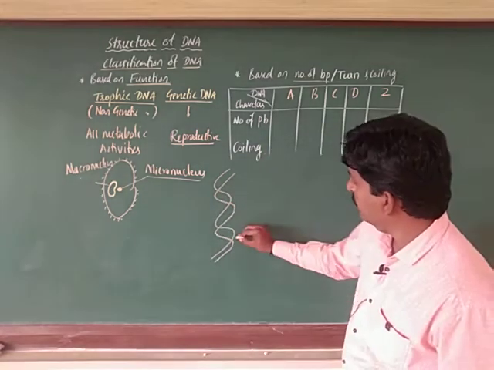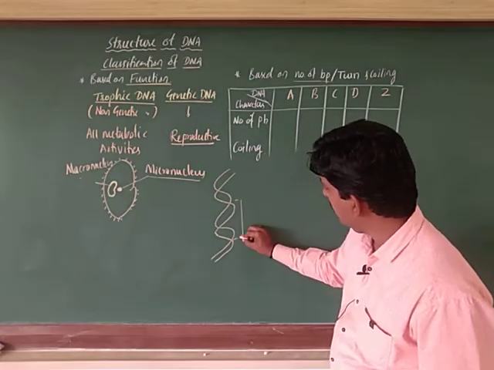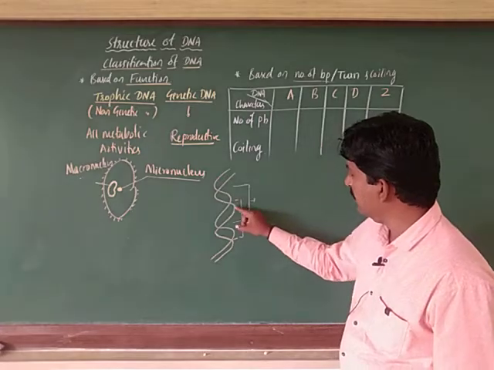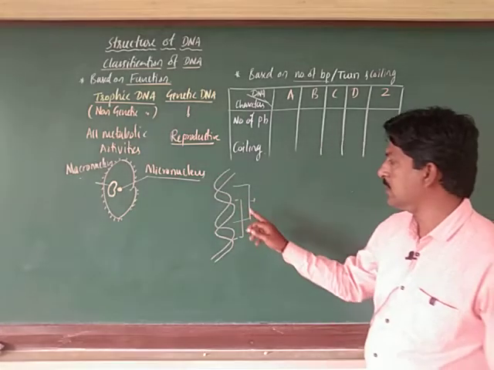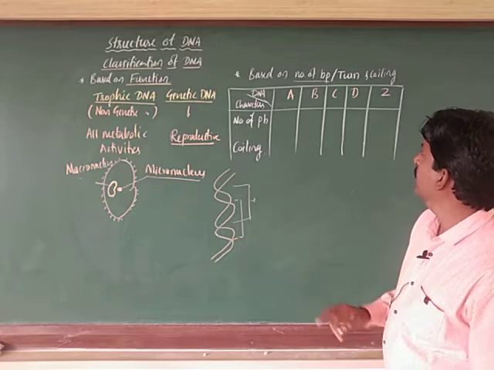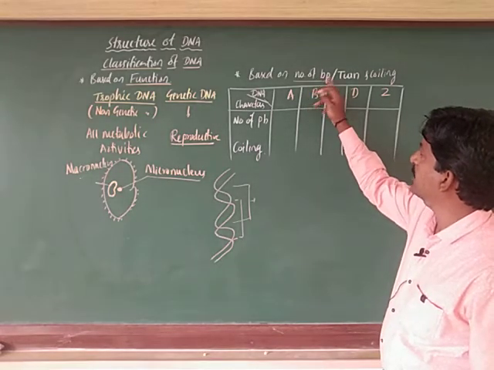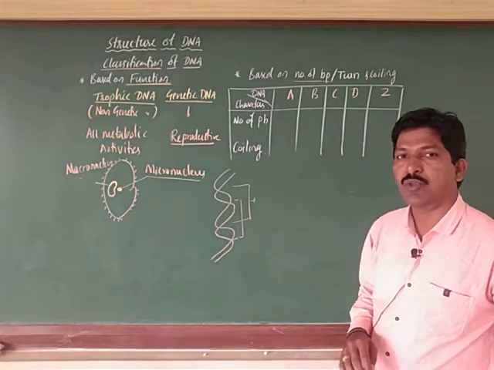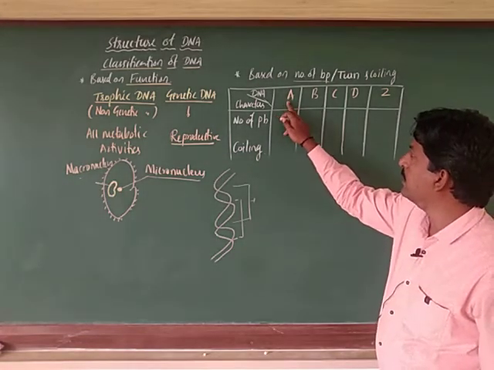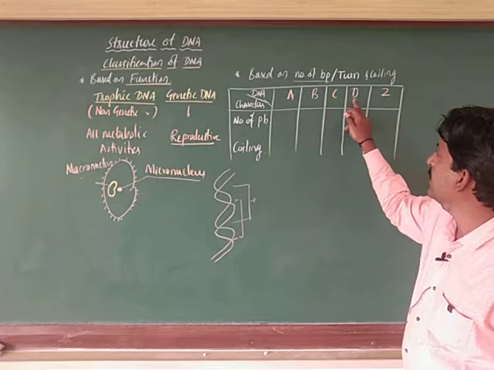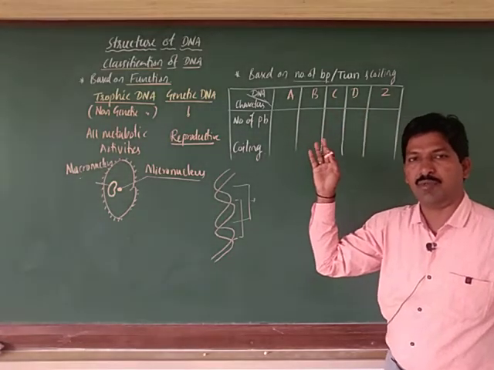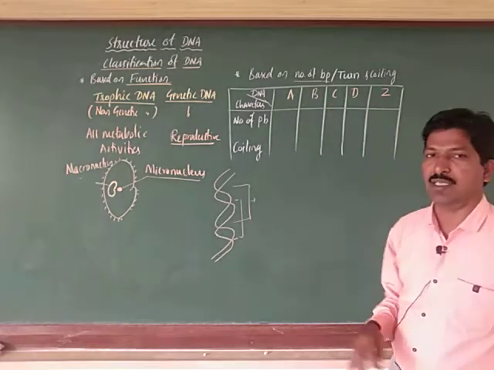From minor groove to minor groove, or major groove to major groove, is one complete turn. For a complete turn of DNA, how many base pairs are present? Based on that, DNA is classified as A DNA, B DNA, C DNA, D DNA and Z DNA. For your memory, remember A, B, C, D and Z.